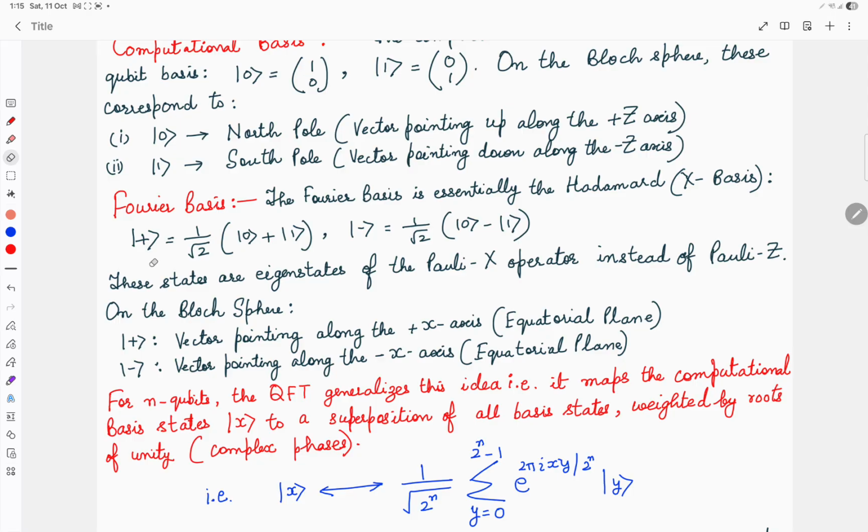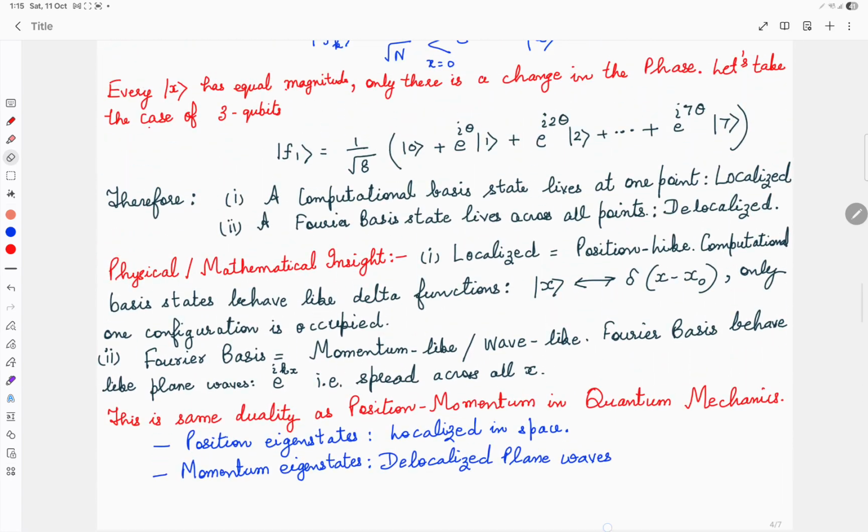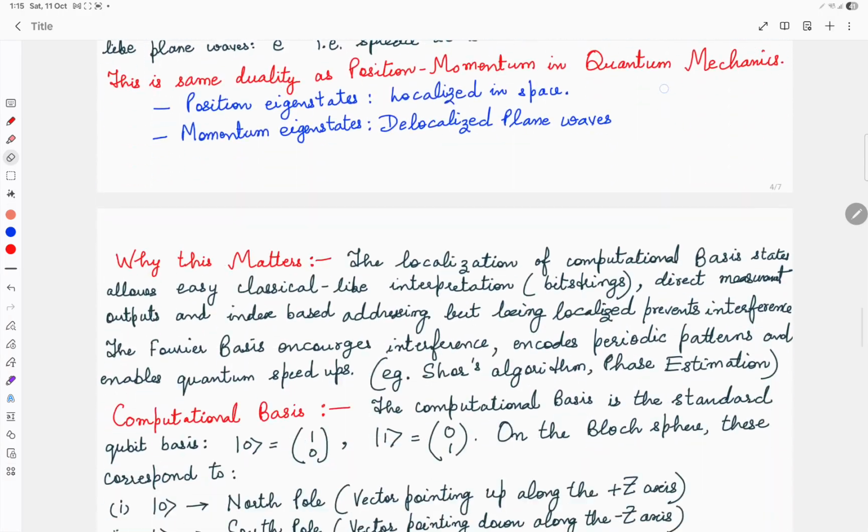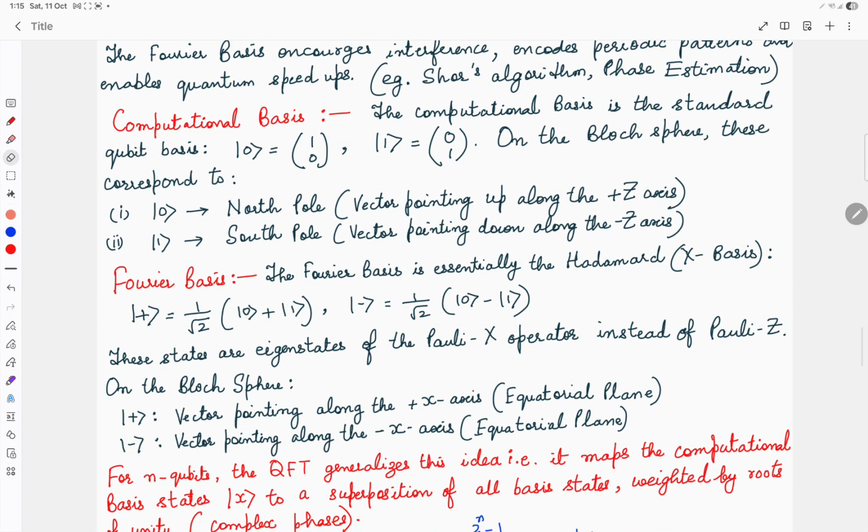As I was just trying to explain, |+> is 1 over root 2 times (|0> plus |1>). You can find these values if we apply this formula using the appropriate computational basis. So corresponding to |0> you will get this value, corresponding to |1> you will get this value.